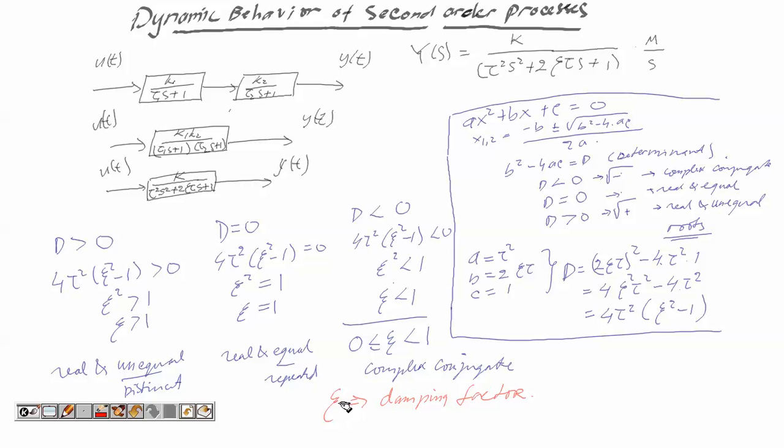Why? Because based on the value of zeta, the response of second order will be underdamped, overdamped, or critically damped.